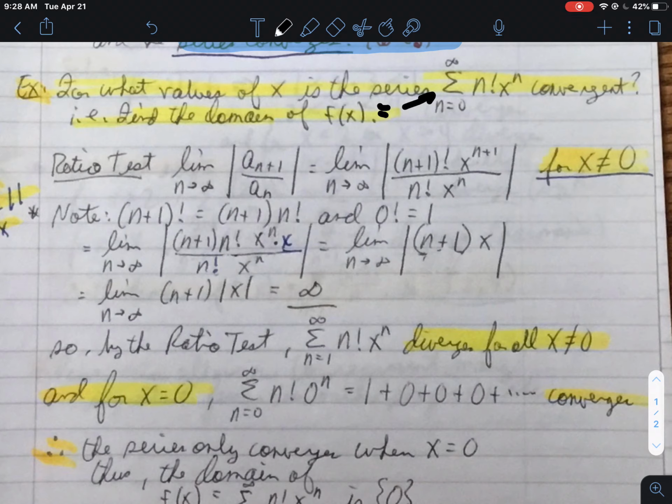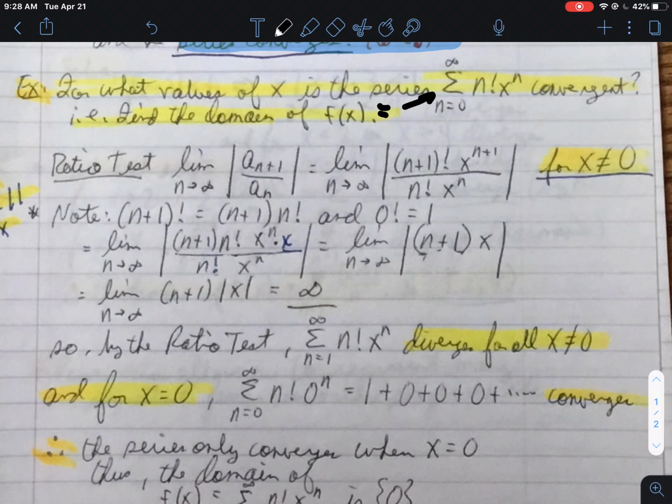Now remember before with absolute value, it does a couple things. If we would have any negative terms, like a negative 1 to a power or something like that, then we could apply the absolute value and turn everything positive. I don't have a negative 1 in this case, but I do have an x. Now remember, x is a variable. X could be positive or negative. There's no restrictions on x.